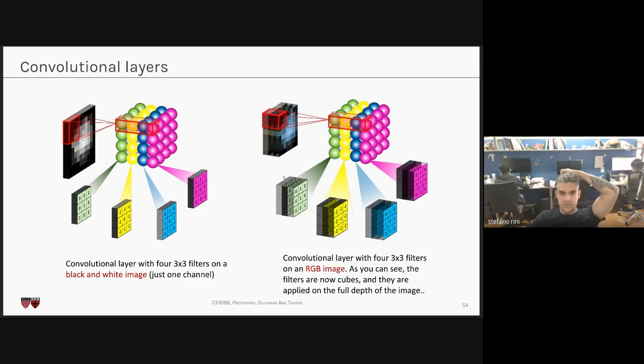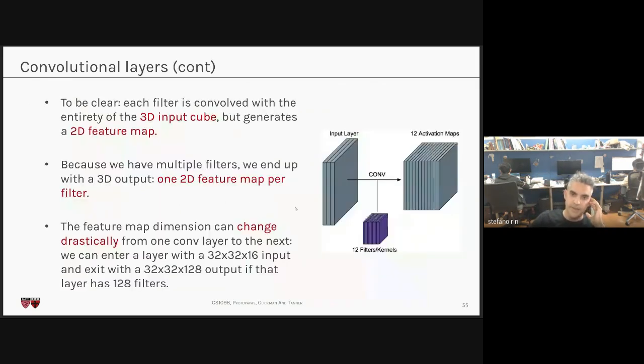Usually, yeah, so this is one solution, right? One solution is to specify one filter for each channel, or another solution would be to specify the same filter for all the channels. Not a big difference here. You just have to be aware of it. So each filter is convolved with a 3D input cube, right?